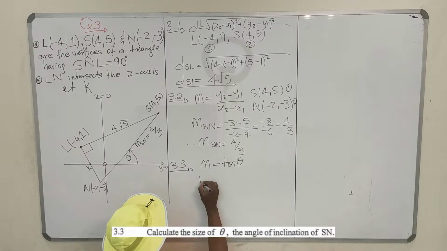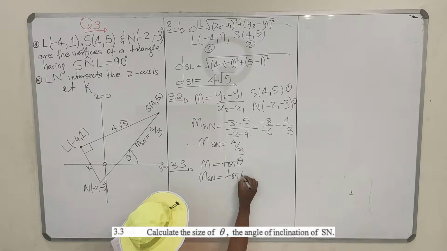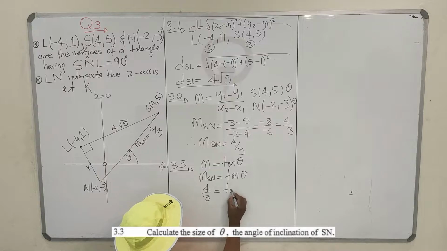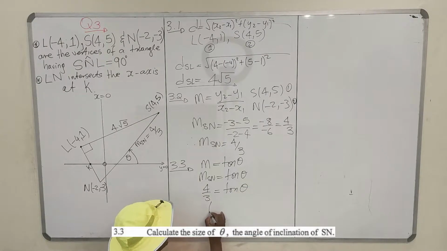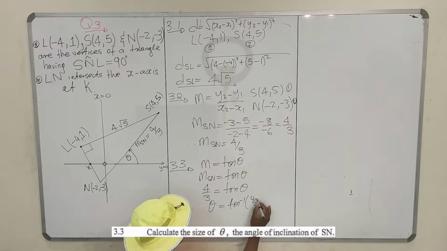So m of SN, which is 4 over 3, is equal to tan theta. So theta is equal to arctan of 4 over 3.